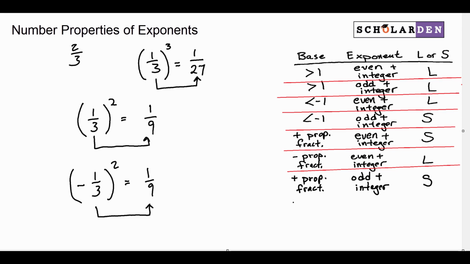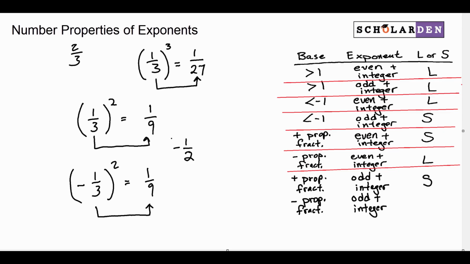And now you probably guessed we're going to look at a negative proper fraction with an odd positive integer. So a negative proper fraction, let's do negative 1/2.